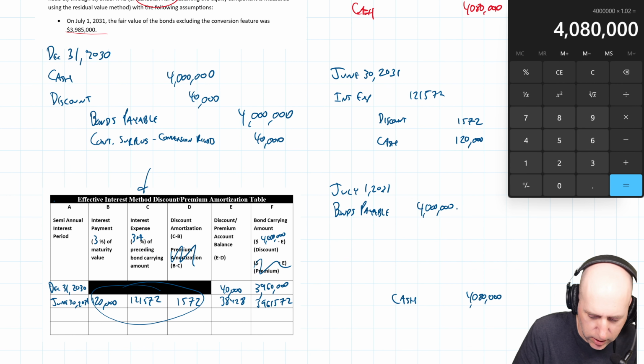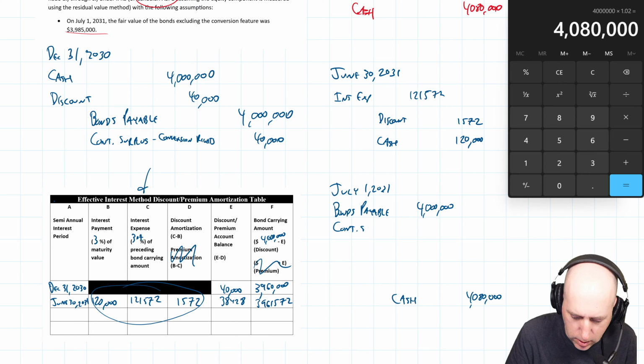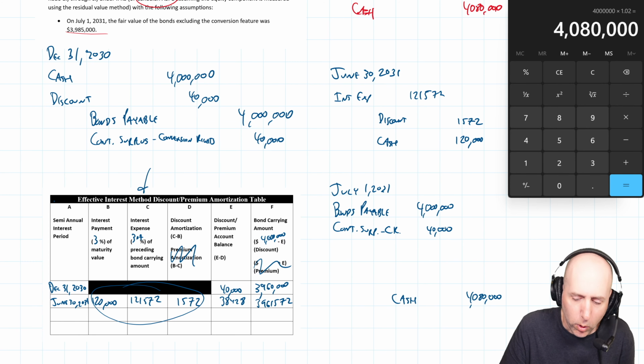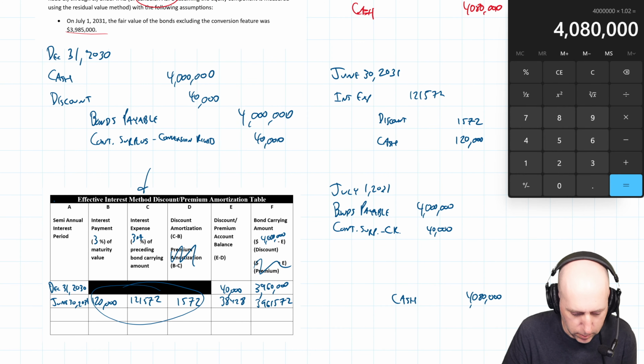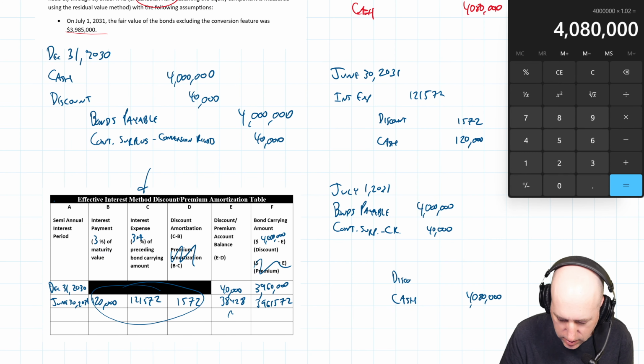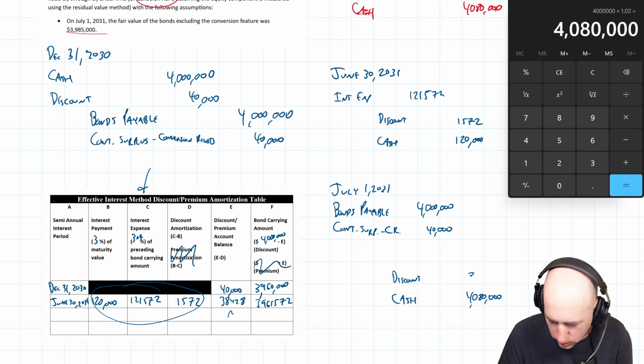We're also getting rid of the contributed surplus on the bond. I'm just going to say contributed surplus CR, conversion rights, $40,000. We're getting rid of the whole thing. We're also getting rid of the discount on the bond. Now, the discount was carried at $38,428, so let's credit the discount, $38,428.